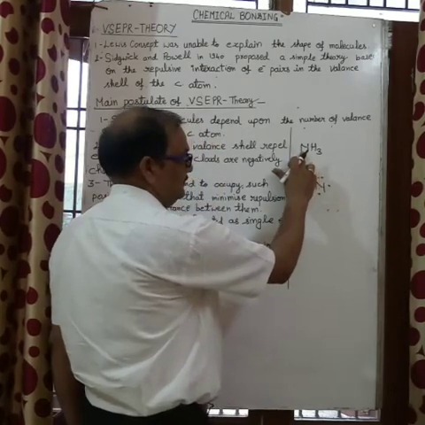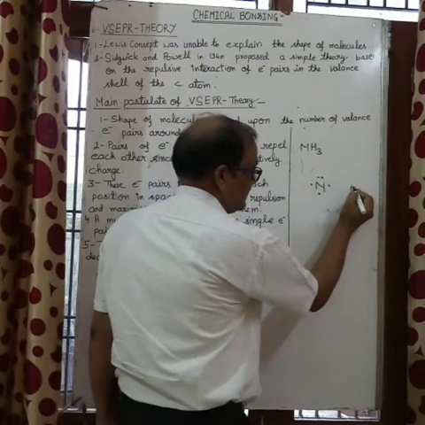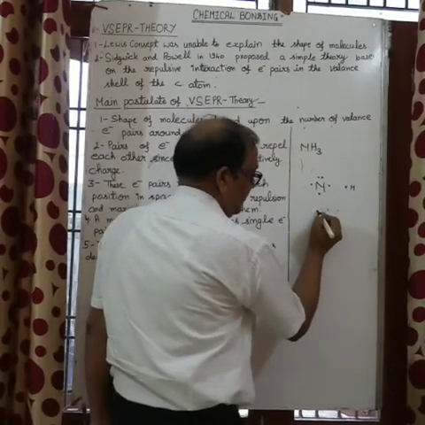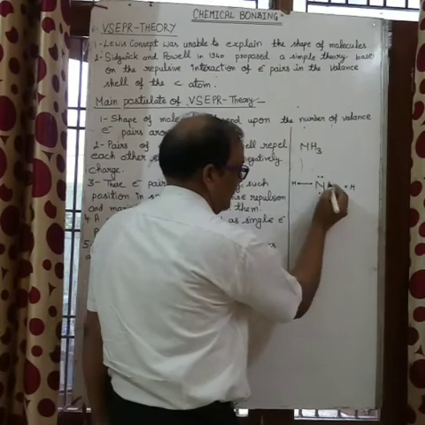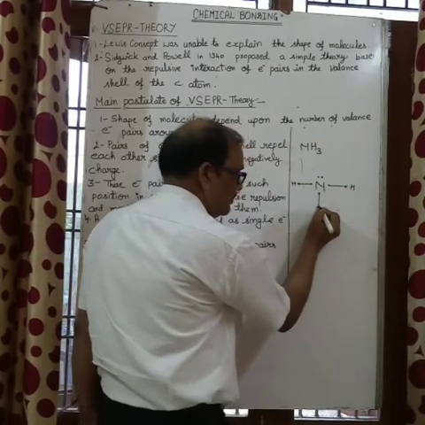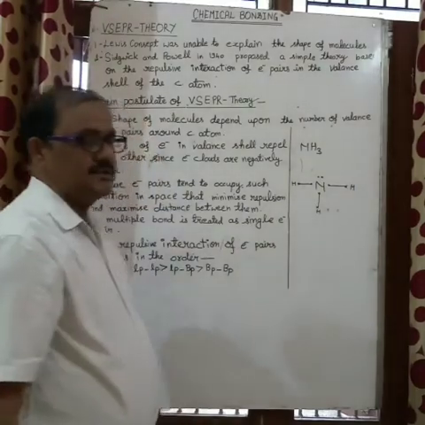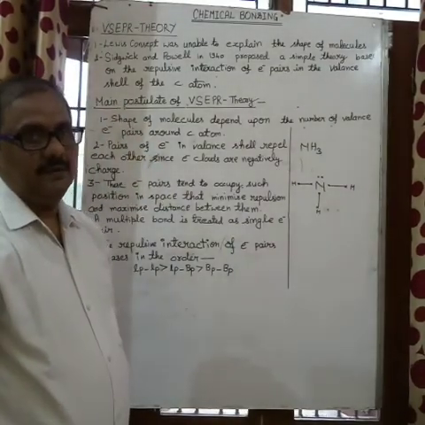Nitrogen is the central atom, and it is combined with the 3 hydrogen atoms according to the Lewis dot structure.